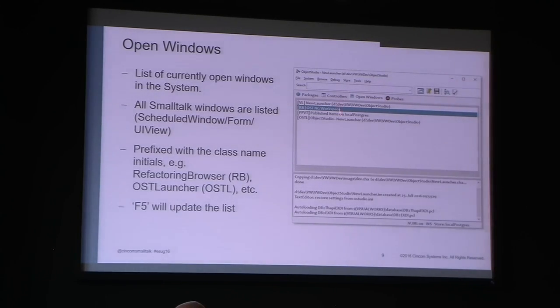So I wanted the open windows list right here, and it's not just a list of all the ObjectStudio windows, all the old GUI forms, but all of the windows that are currently open in this image. So scheduled windows, UI views, forms, whatever, they are listed here. The prefix is the class name, so basically just the initials of the camel case, so that you get a better idea of what it actually is, plus the text of the title.